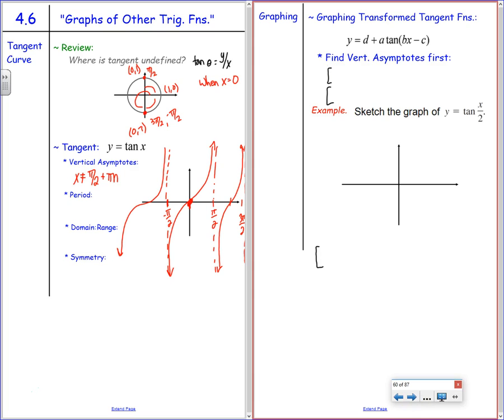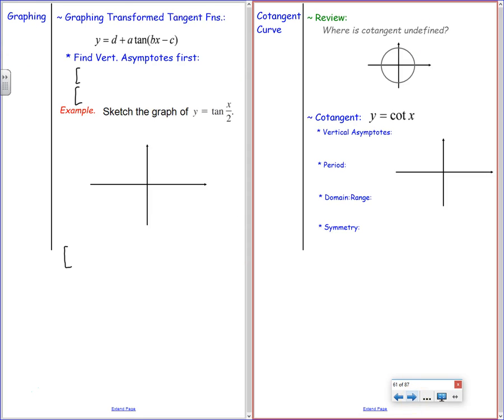Let me go forward one. And cotangent, you see, it's super similar. Tangent and cotangent, super similar. Their actual pieces will be a little bit different, a little bit off. Kind of like sine and cosine, there's a shifting that happens. But still super similar. Good job, guys. Good focus.